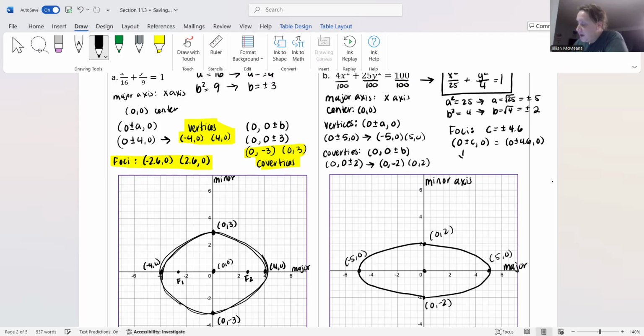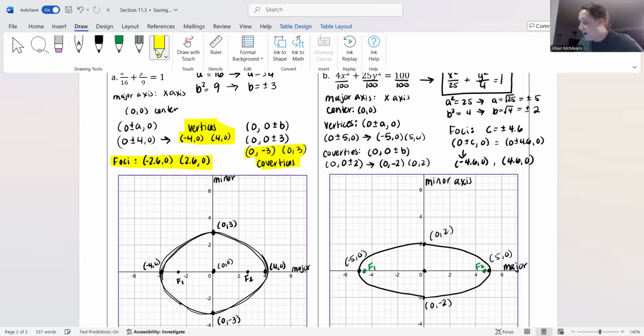So the two foci are negative 4.6 comma 0 and positive 4.6 comma 0. So 4.6 is right about there, right about there. Let me do them in green so they're a little bit easier to see. So those are the two foci. I'm going to call them foci 1, foci 2. There's not really enough room to label the ordered pairs in there, so you got your ordered pairs up here.